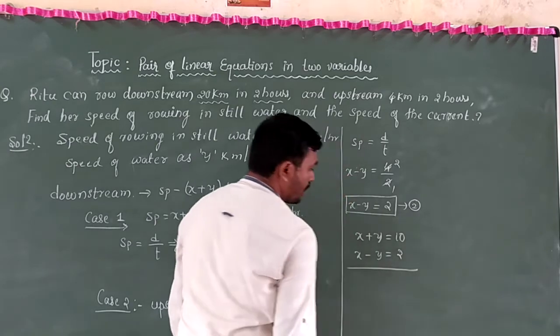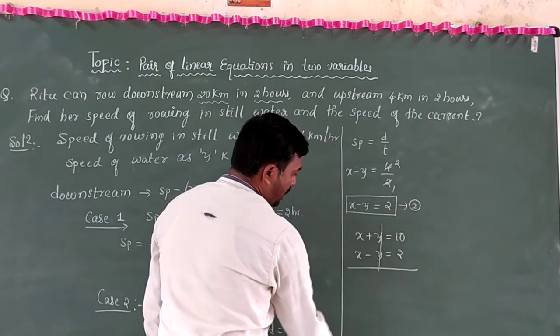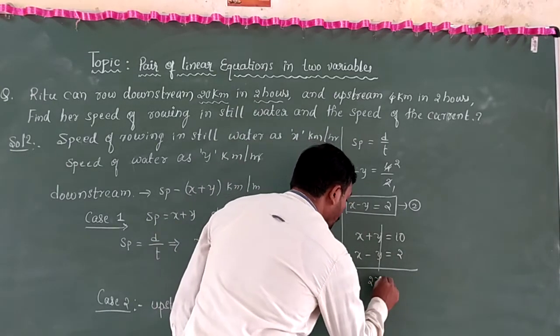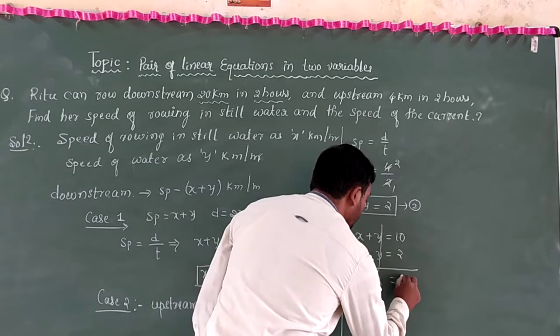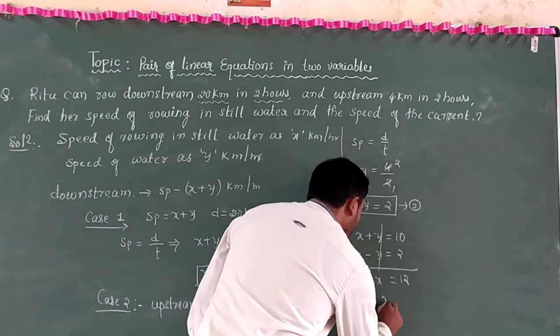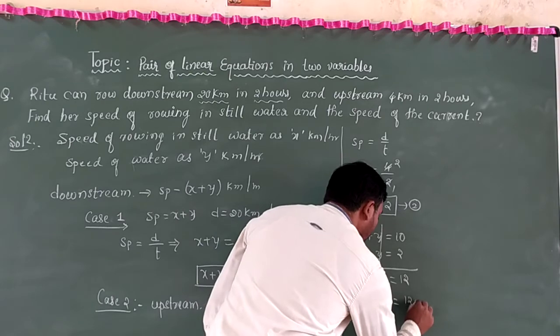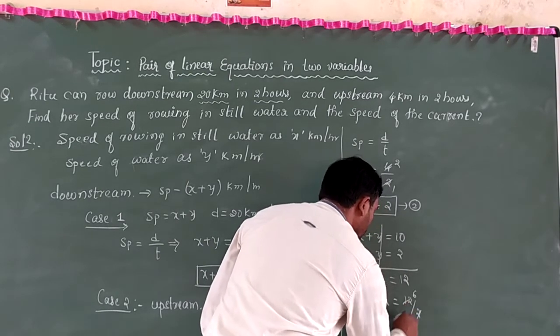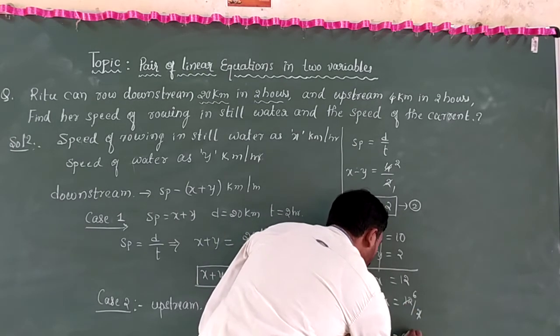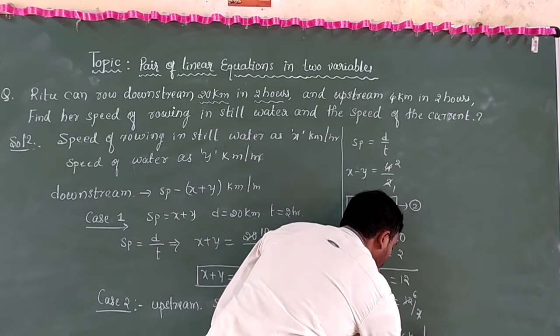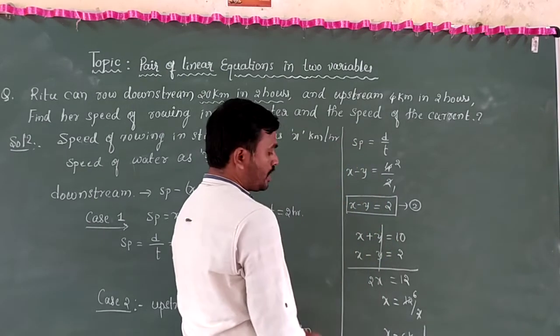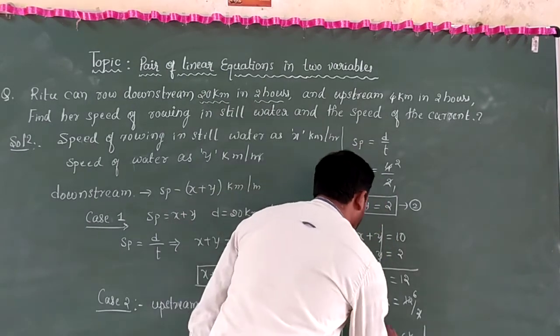If I solve these two simultaneously, plus y and minus y get cancelled. 2x is equal to 10 plus 2, which becomes 12. So x is equal to 12 divided by 2. 2 sixes are 12. x is equal to 6 kilometer per hour.